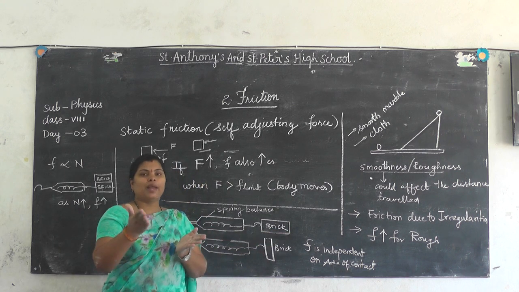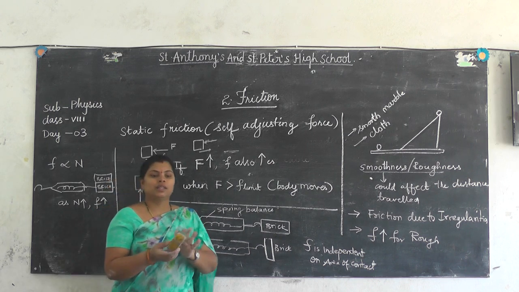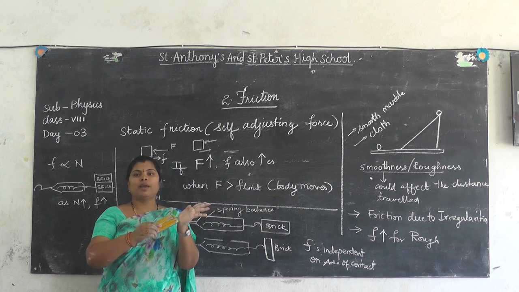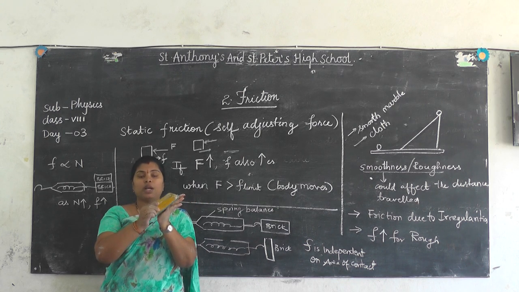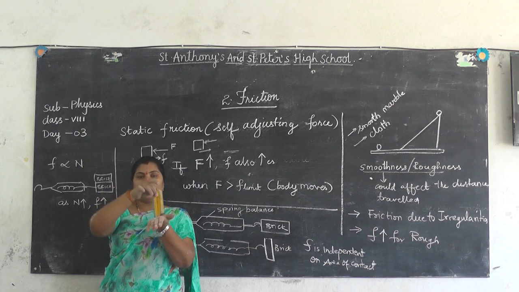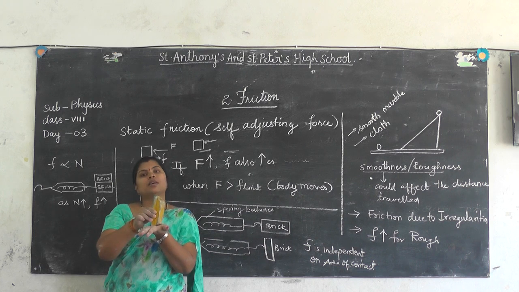If I take this, the surface of the body and the surface of my palm, the area coming into contact is more. But when I place it like this, only a little area will come in contact with the surface.